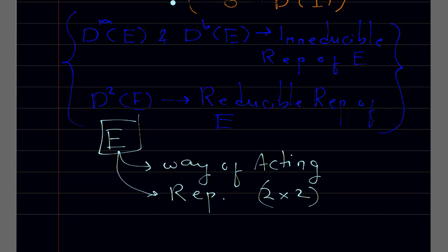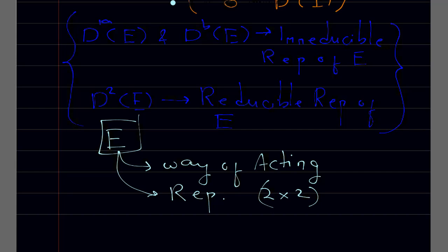If you choose 3 functions as basis and all 3 are linearly independent of each other, then you can have a 3 cross 3 matrix that tells you how your E is. So representation depends on the basis. Here we used a 2 cross 2 representation, but we saw a very interesting thing, that it was able to be broken down into two 1 cross 1 representations.